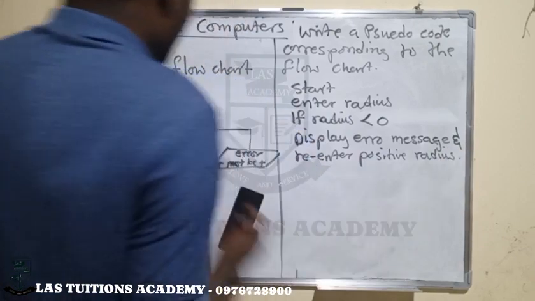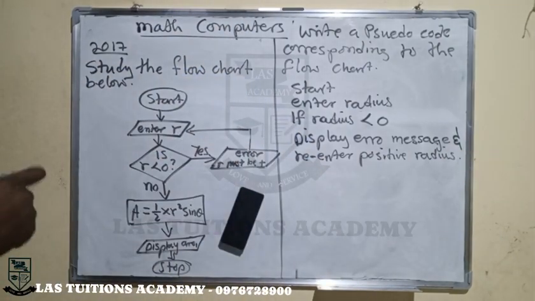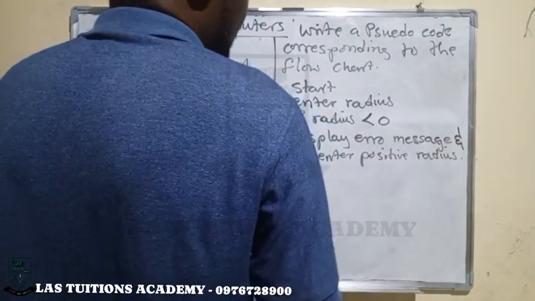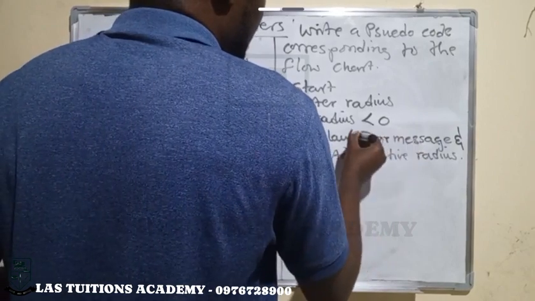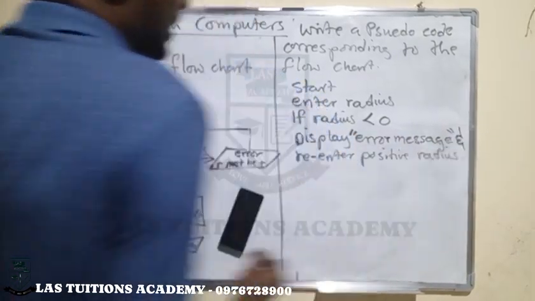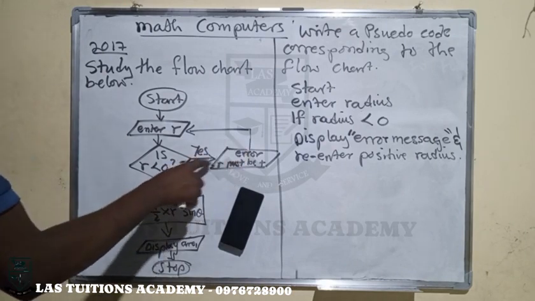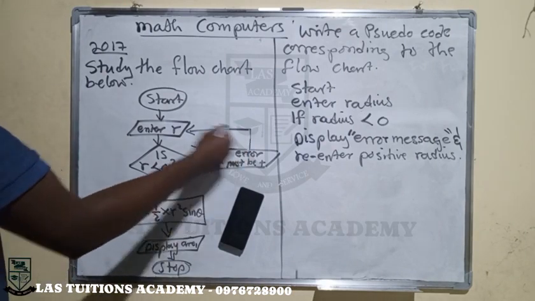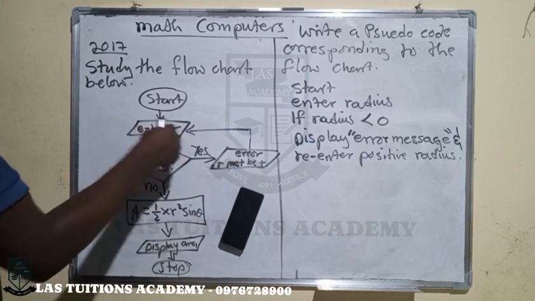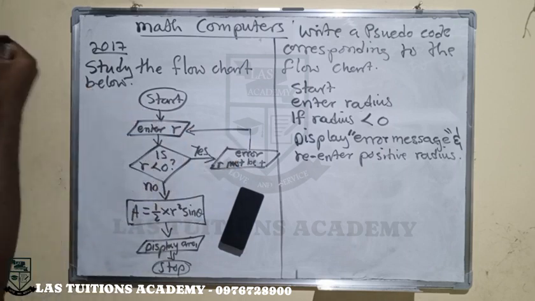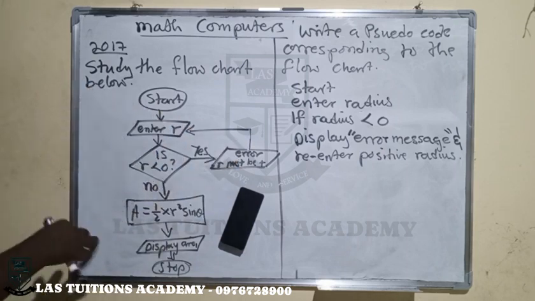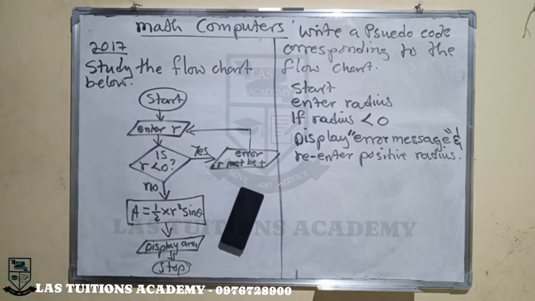If there was no arrow, we would just display the error message and it ends there. Now, because there's an arrow which says after I've displayed the error message, it says re-enter, it brings us to the enter step. So meaning you have to enter the correct radius again. That's what it means. Okay.